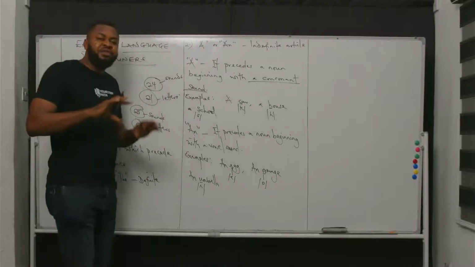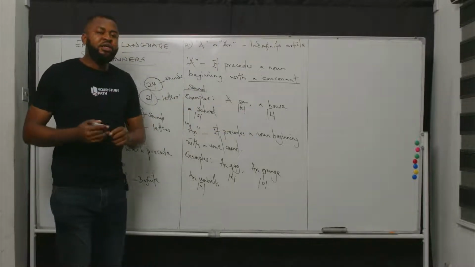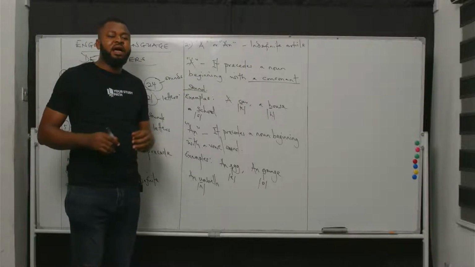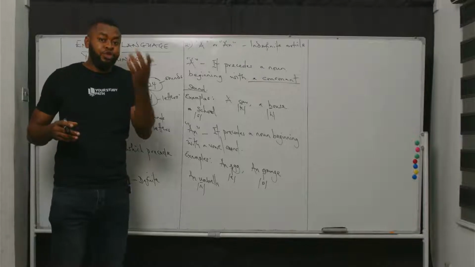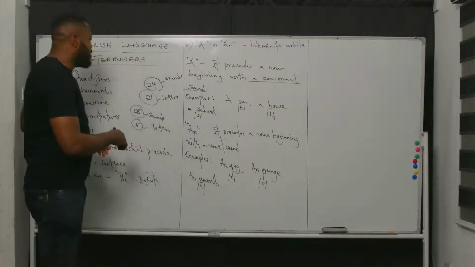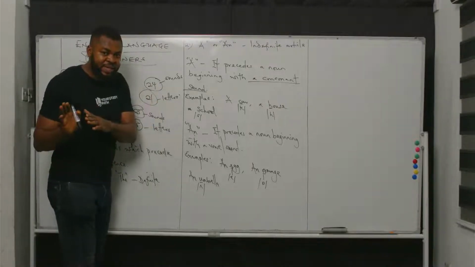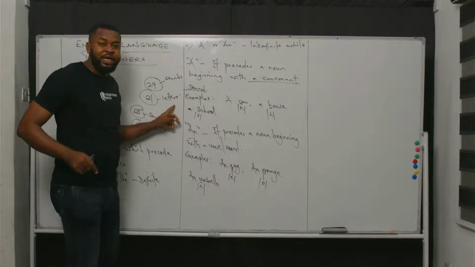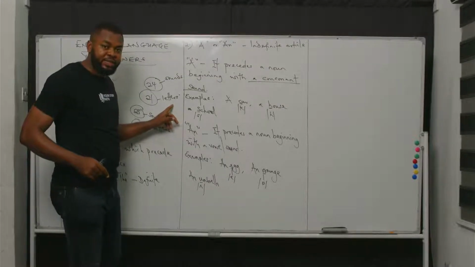I was able to differentiate between a consonant letter and a consonant sound. I told you that consonant sounds are those sounds that you can produce, you can pronounce. Do you understand? And I made the differences by telling you that we have 24 consonant sounds. They are different from letters. And we have 21 consonant letters.